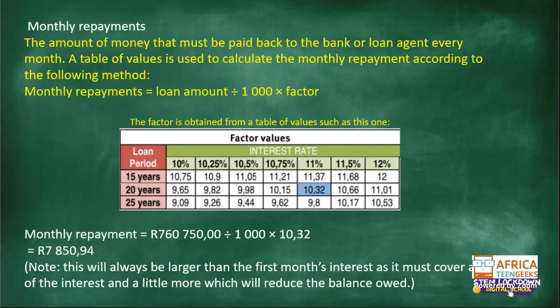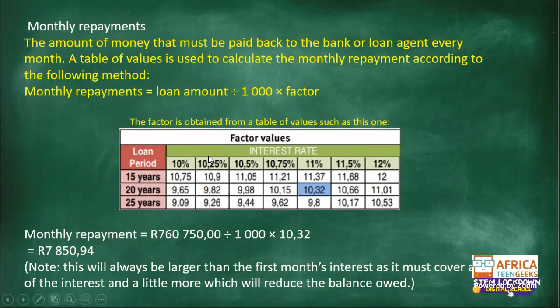And the factor value in this case will be 10.32. That will be the factor value. And of course, this amount will always be larger than the first month's interest, because it covers all of the interest and a little more, which reduces the balance owed.